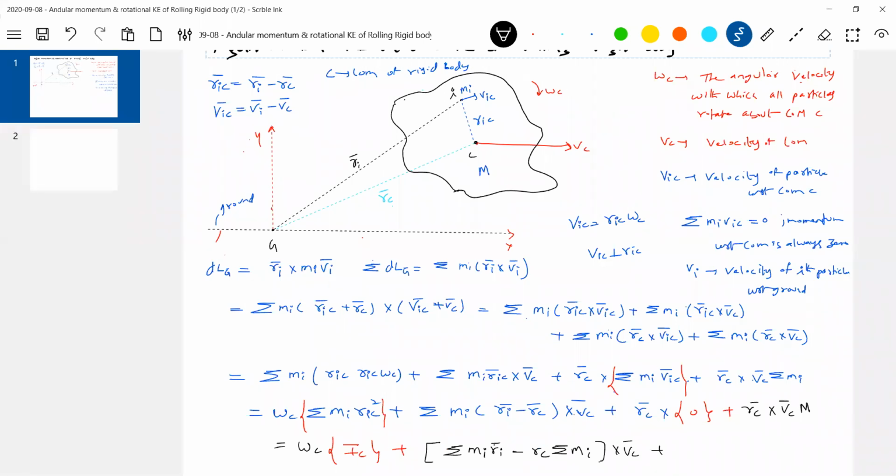And anyway, this is 0. This will become M into RC bar cross VC bar.